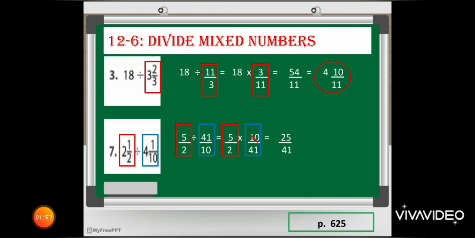Therefore, 10 divided by 2 will give us 5, while 2 divided by 2 will give us 1. Therefore, 5 times 5 will give us 25, and 1 times 41 is 41. Therefore, our answer is 25 over 41.